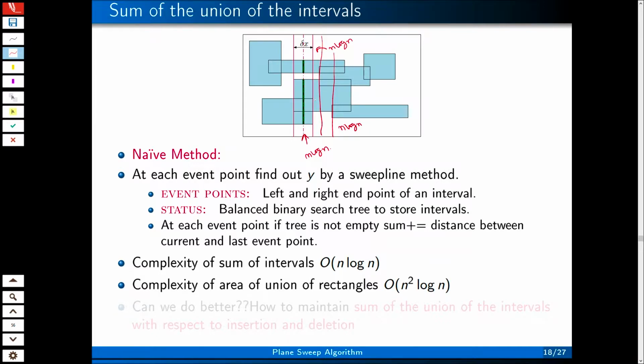But the problem we are solving here is the union of these three intervals. What problem am I solving here? Union of these two intervals. What is the difference between these two problems? Just one interval got deleted.